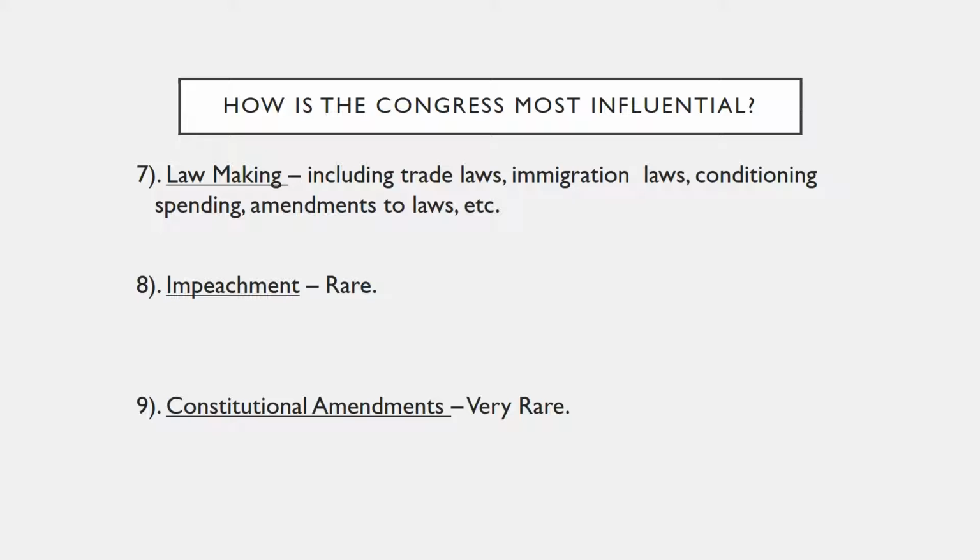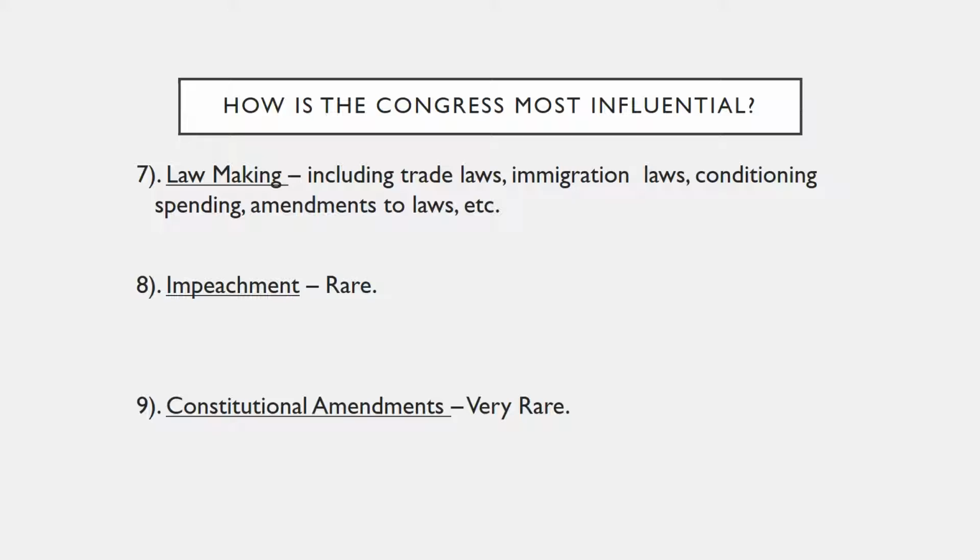As I mentioned earlier, the other real key influence of congressional power in U.S. foreign policy is lawmaking. And so we're going to have a separate lecture regarding the lawmaking power of Congress. I mentioned earlier that this involves the regulation of trade and commerce, but it also involves any number of things, particularly conditioning laws, adding amendments, conditioning spending.